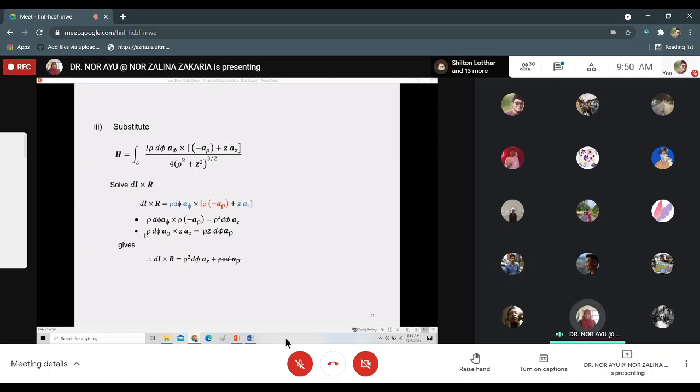Okay, so that's why here rho dV AV cross dengan Z AZ, kamu akan dapat rho Z dV A rho. Alright, so kamu boleh tulis balik semula. So DL cross R, it will be this one, rho squared dV AZ plus dengan rho Z dV A rho.